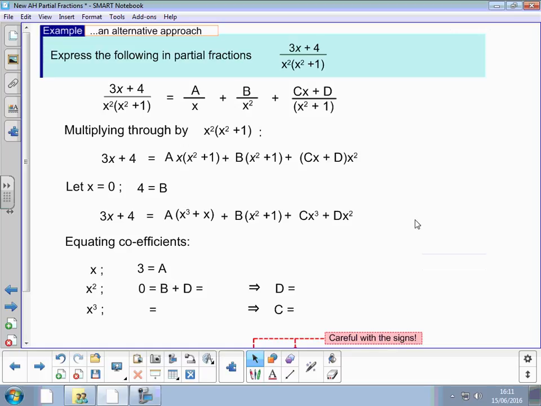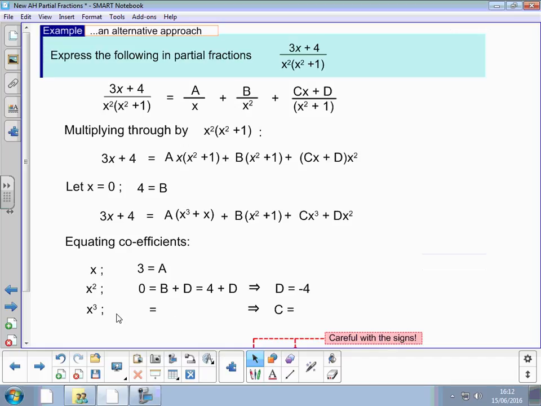Those are the two coefficients of the x squared part. Of course, we've already figured out that b is equal to 4, which allows us to figure out d. In this case, it's minus 4. So we've figured out what a is, we've figured out what b is, and we've figured out what d is.